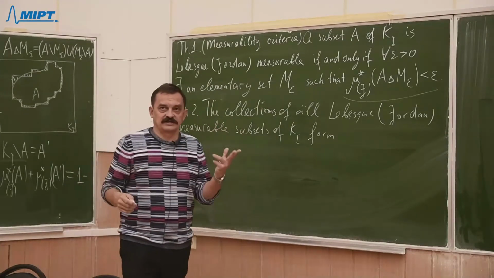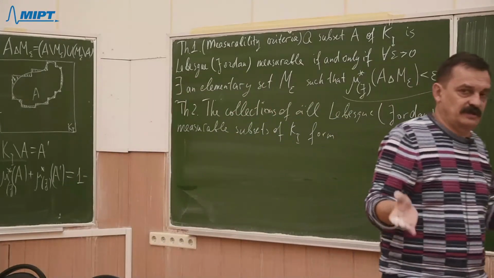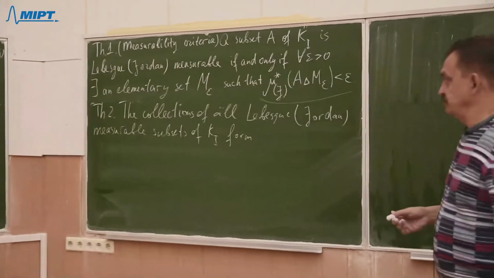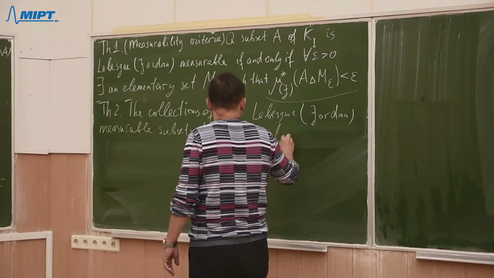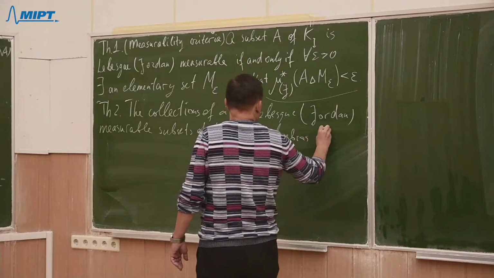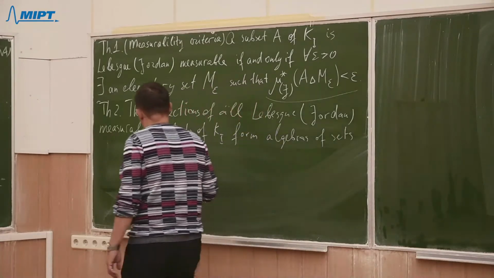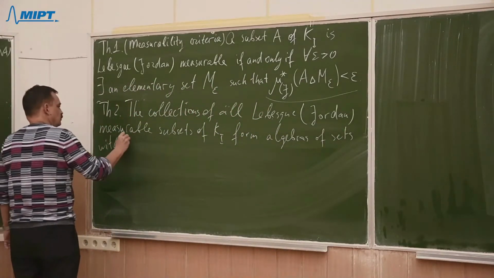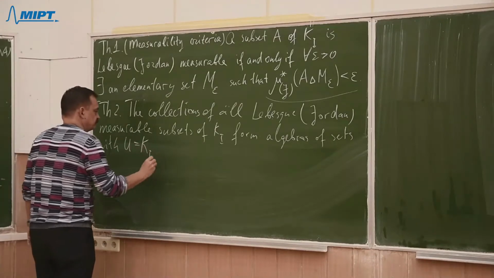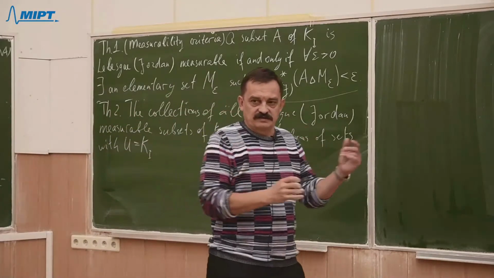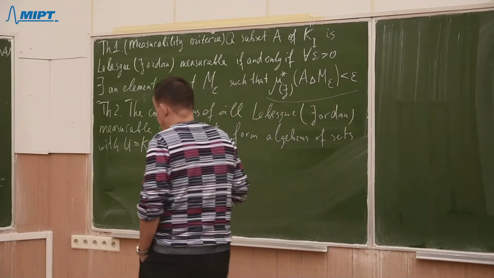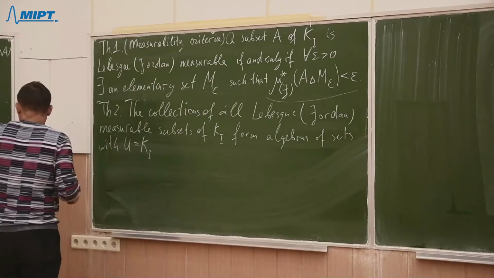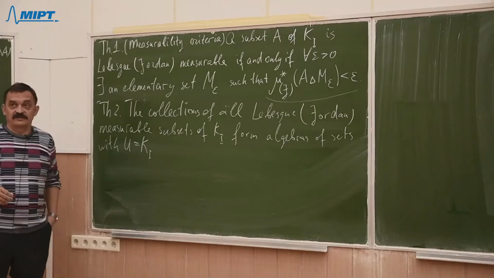So we have two collections, of all Lebesgue measurable and of all Jordan measurable subsets. Both of them form algebras of sets with U equal to Ki. So the unit is the maximum set, which contains everything. The universe for our theory for a while. So for a while, the universe is this fixed cube.